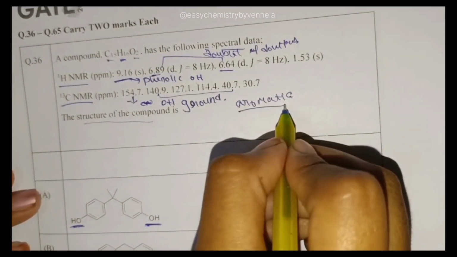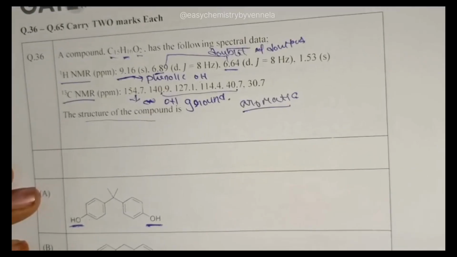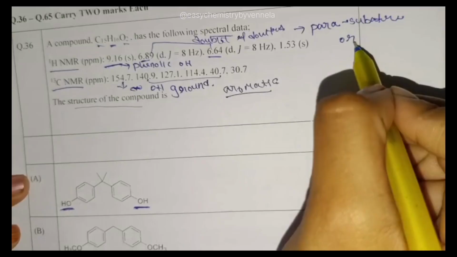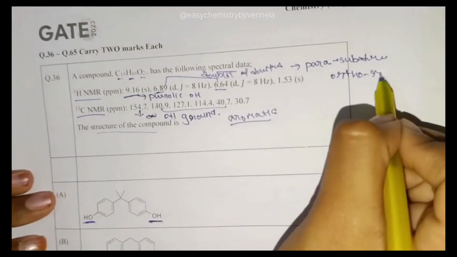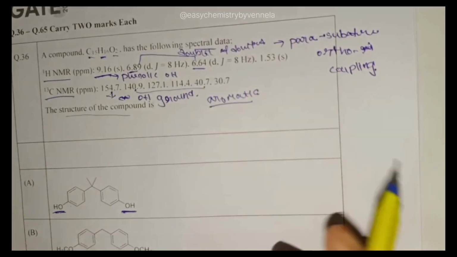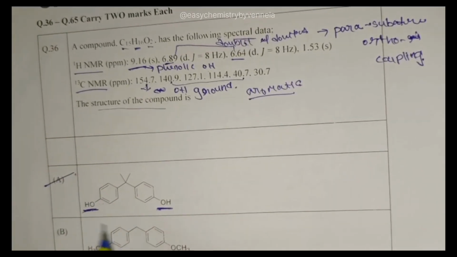This doublet of doublet is para substituted, with ortho coupling. So this data is suitable only for option A, because here two hydroxy groups are present.